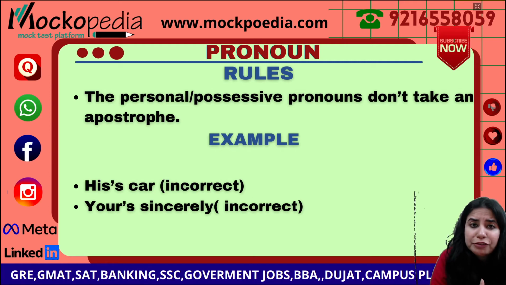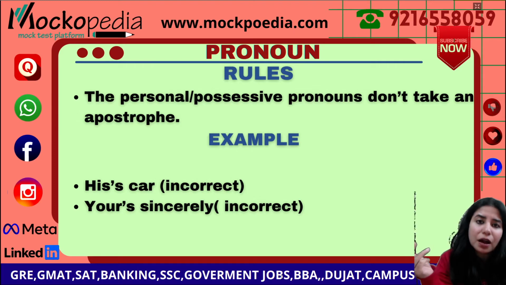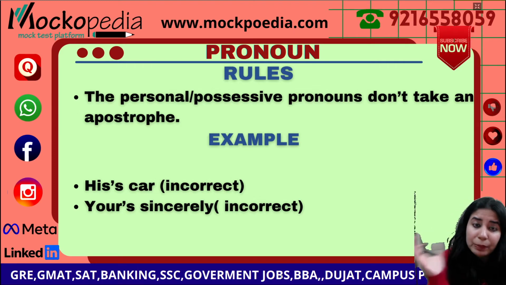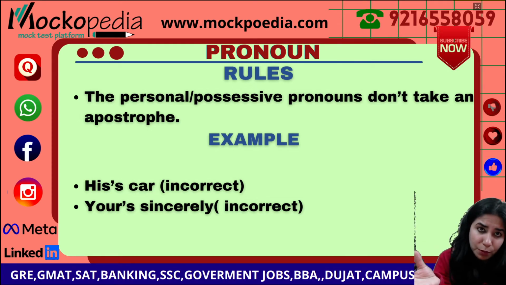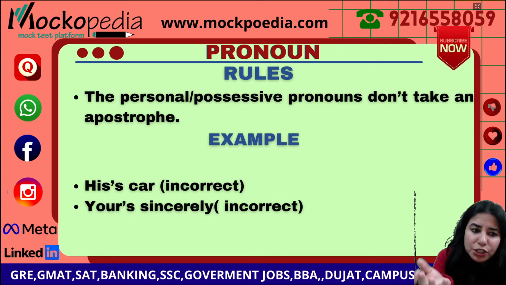So apostrophes are used to show possession. Like if I say Ram's car, that means Ram ki car. But with possessive pronouns, we don't use an apostrophe. When I say it is his car, that means it is already showing association. So his is not going to take an apostrophe.